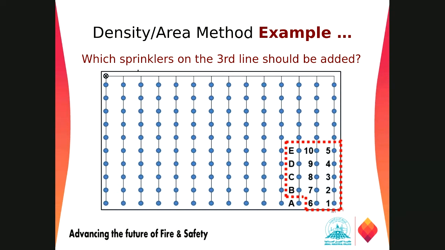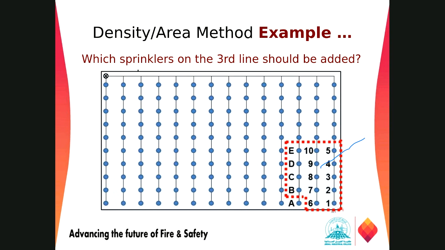If you can see the red circle, it is covering exactly the area of 1500 square feet. Since this is rectangular, we don't have to care about the sprinkler which is the 15th one in the third line. We can exclude that one from our design area, because we are only caring about 1500 square feet for light hazard occupancies.